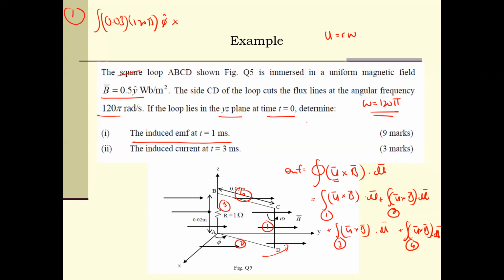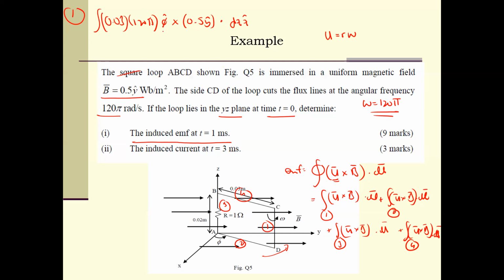Cross product with the B, and we are given that B is 0.5 in the y direction. Then it should be dot product with the DL. DL will be the vector for side CD, so side CD will have a DL of dz, direction of z. So that should be your U cross B dot DL for side number 1, which is for CD.